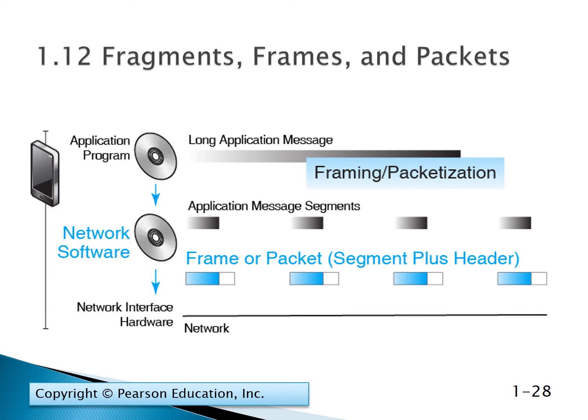Then you put each group into an envelope, and on each envelope you write the address. That's what we call the header information. You have some information that you write on the envelope about where you are going to send this, and also what is contained inside this envelope, that is this segment, and so on. So that's the header information.